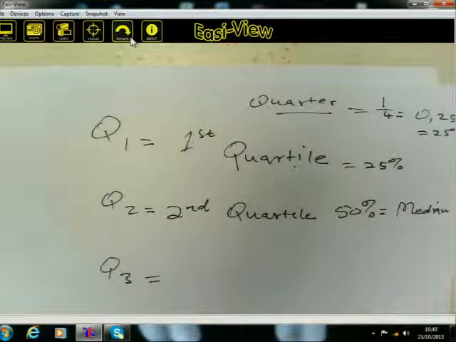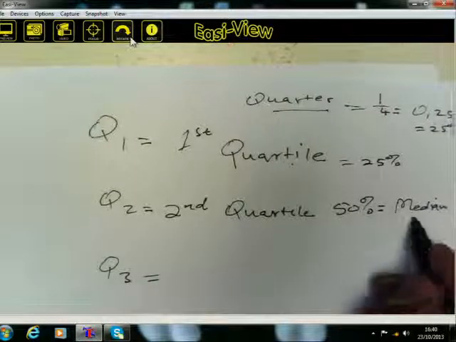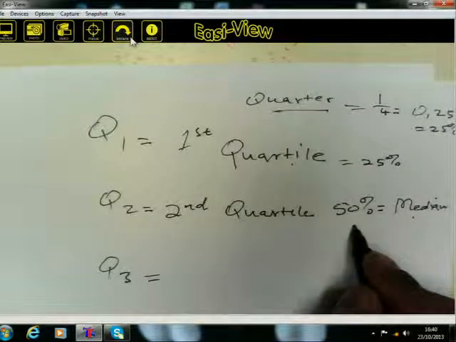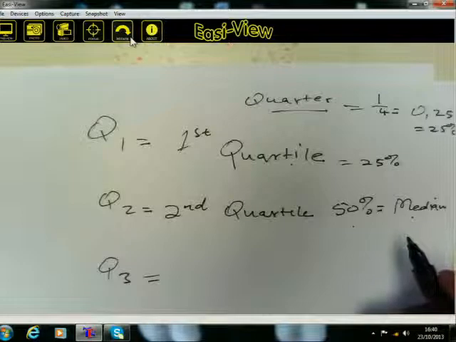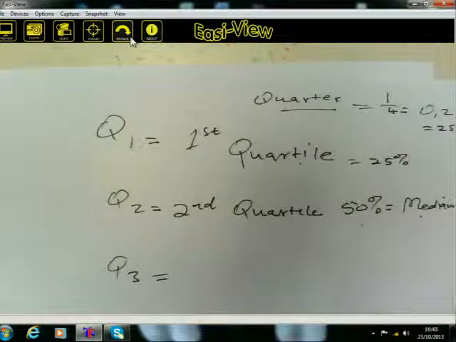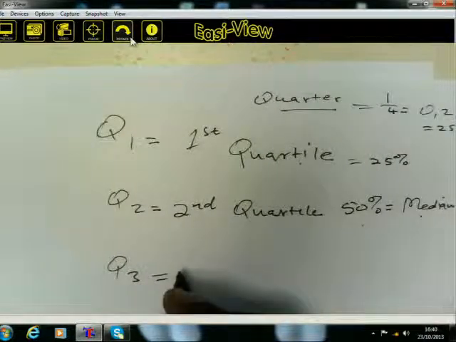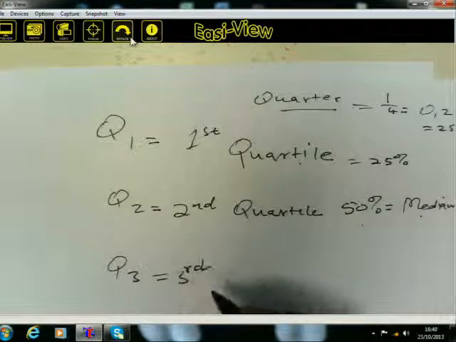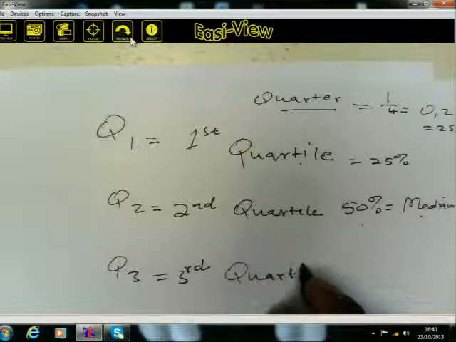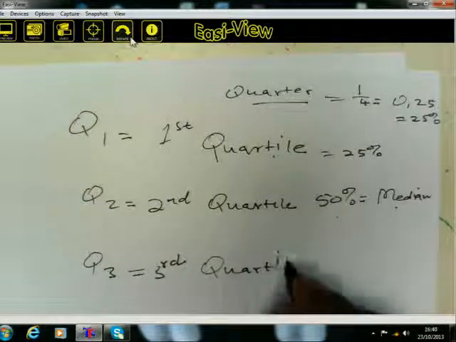Now, the median, that's 50%. That means it's the second quartile. So we go to the third one, Q3. That's the third quartile. What does that third quartile stand for? What does that mean?